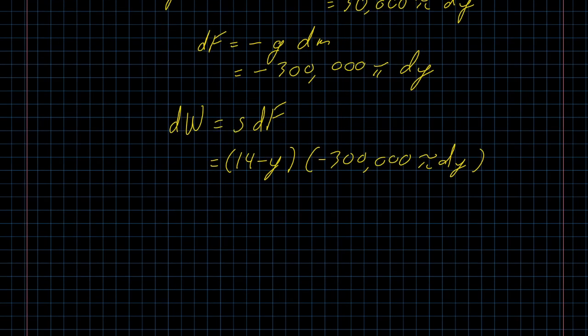This is going to require a little bit of distributive property. 14 times 3 is 42. So 14 times 300,000 is 4,200,000. All right, we've got some ugly numbers going on here.